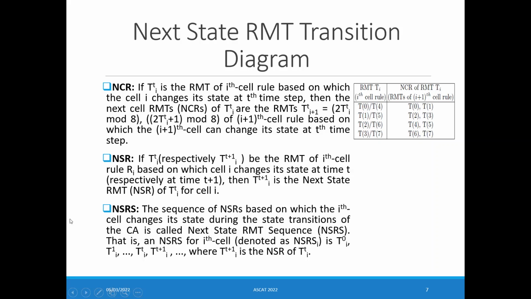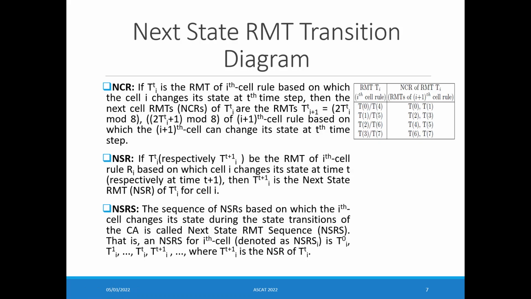Next is NSR. NSR is next state RMT. If Ti(t) represents the ith cell RMT based on which the ith cell changes state, then Ti(t+1) represents the next state RMT for the cell i. And NSRS is the next state RMT sequence.